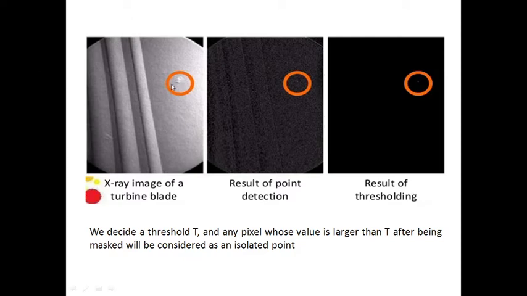So it is an isolated point, and I need to diagnose at which location. This is the input image provided to me. I apply a certain mask to this input image, and the result of my operation will be this one, where I can diagnose where the point is.